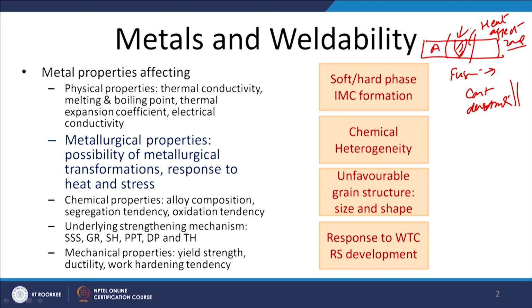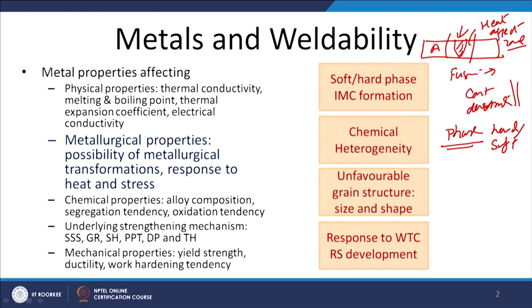But what kind of metallurgical transformations will take place, as per the kind of metal system, may lead to the formation of various types of phases as per the approach of the welding being used. These phases may be soft or these may be hard.